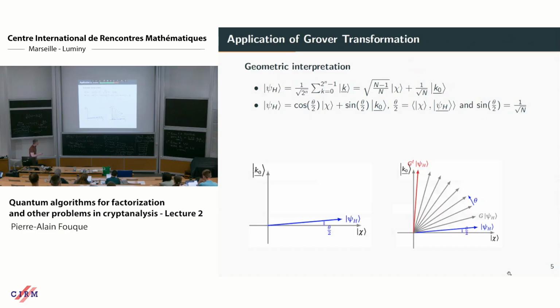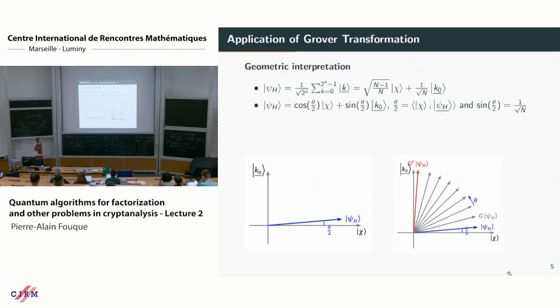And what exactly does the Grover algorithm do? The Grover algorithm helps you to rotate, in some sense, this state toward that one, using one application of Grover, by an angle theta.